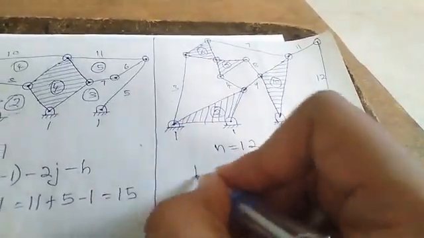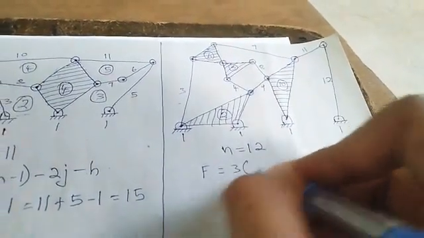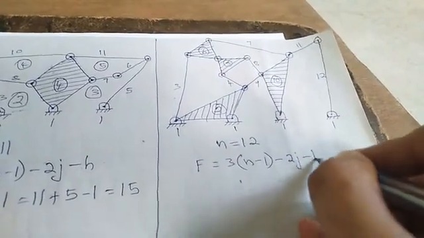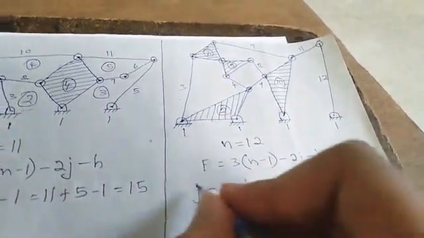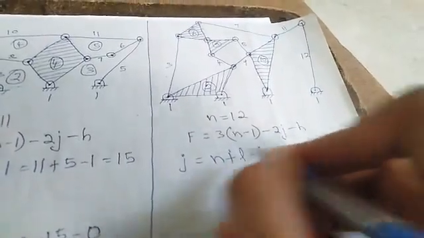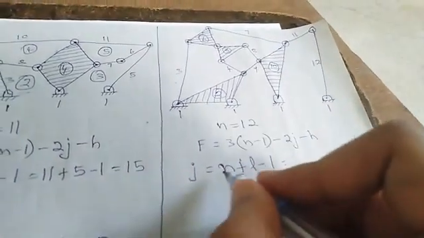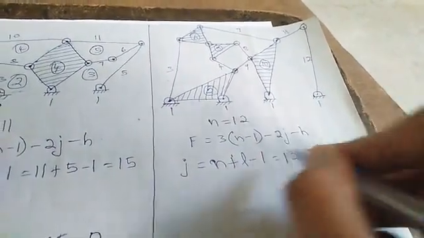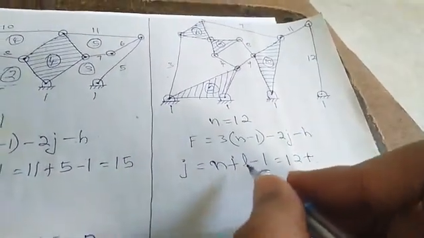Next we will write the formula. 3 into n minus 1 minus 2j minus h. To find the value of j, we shall use n plus l minus 1. So n is the number of links, 12, plus l, the number of loops.